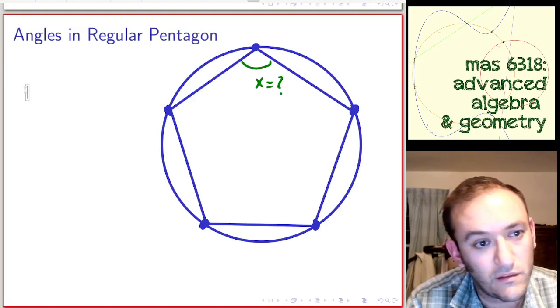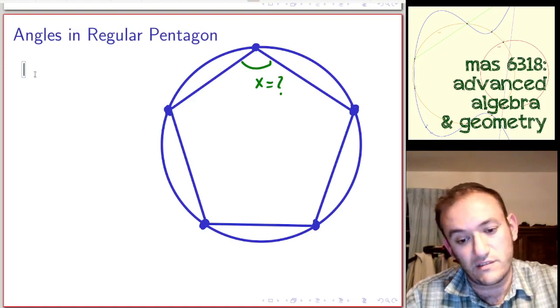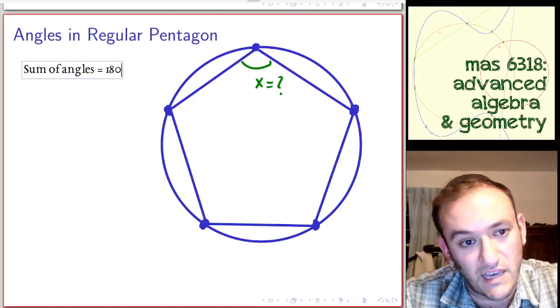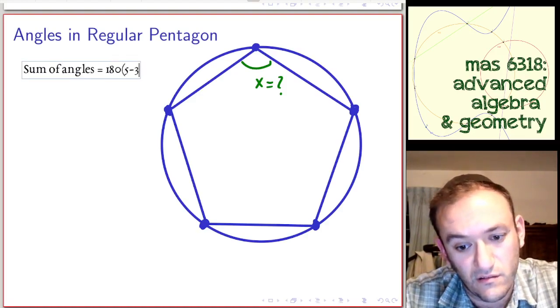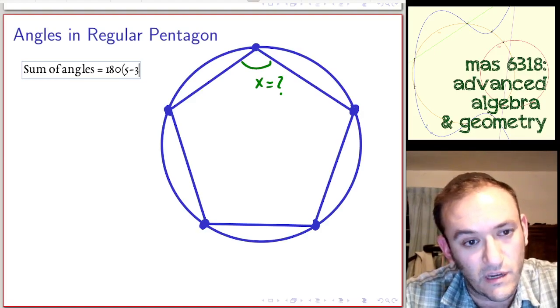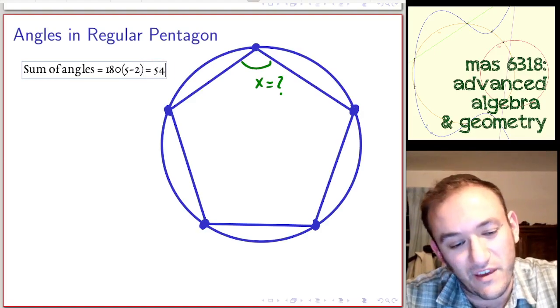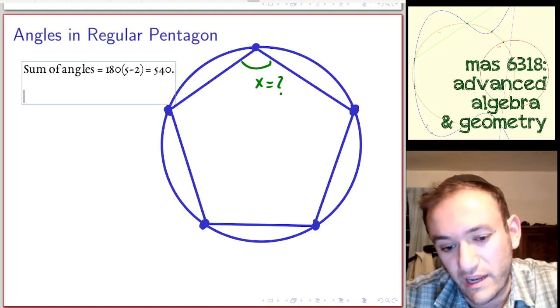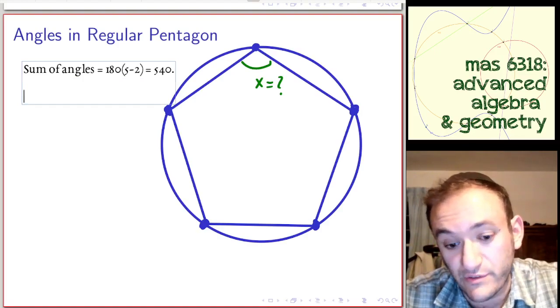Well, we know that the sum of the angles is equal to 180 times (5 minus 2), which is 540. And we know that in a regular N-Gon, all of the angles are equal.